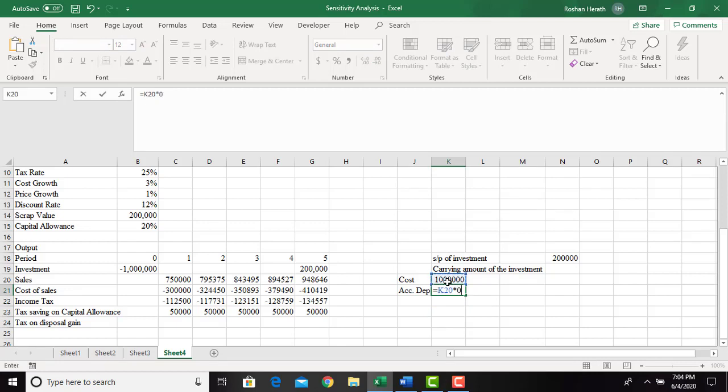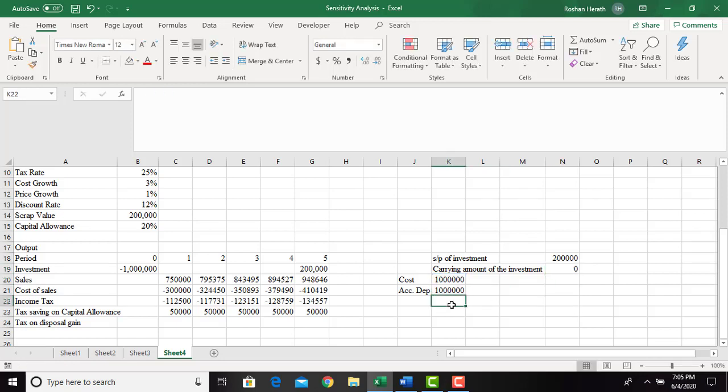This figure into 20%, no? Capital allowance. Then how many years have gone? When you come to year 5, there are 5 years gone. Now you are at the end of the 5th year. So therefore your accumulated one is going to be 1 million. Accordingly, the carrying amount is going to be the difference between these. So the carrying amount is going to be 0.